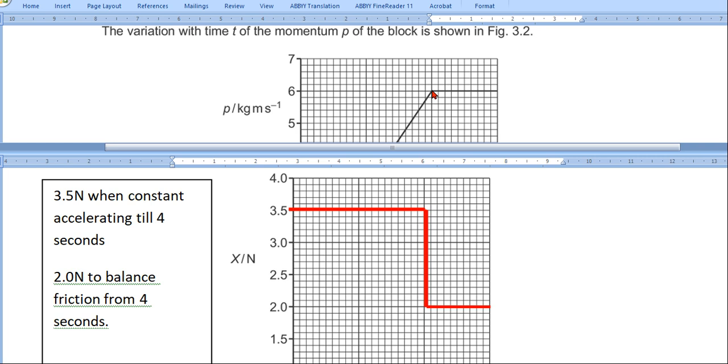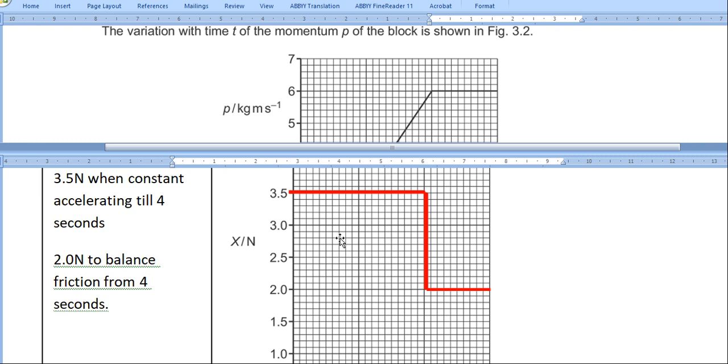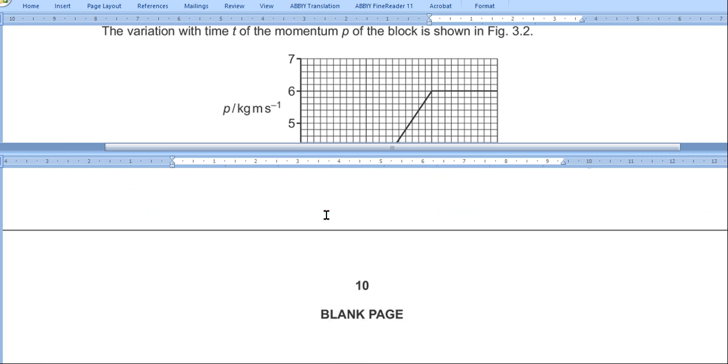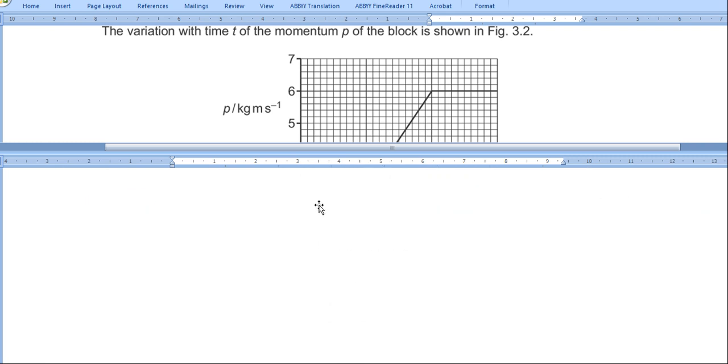We know the value of force, 3.5, and then there is no change in momentum, so resultant force is 0. And it is 0 because our force F is balanced by friction. So the graph consists of two steps. One is 3.5 as we found in the previous subsection, and another is 2 newtons to balance friction, to make the object move at constant velocity and constant momentum.